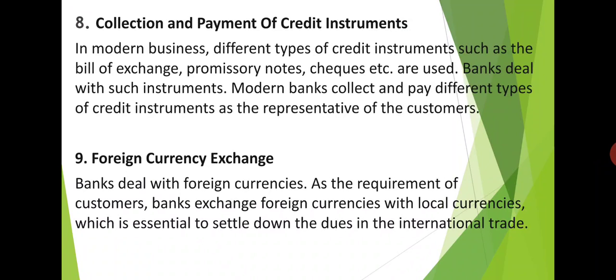Yes, these we are going to study in detail in our next point, that is promissory notes, cheques and bills of exchange. Modern banks collect and pay different types of credit instruments as representatives of the customers.